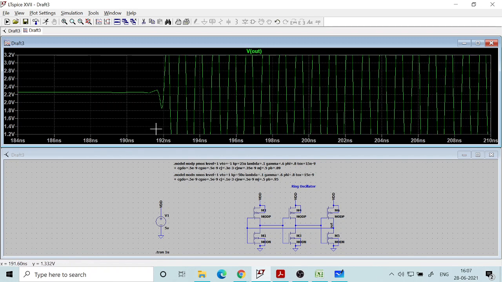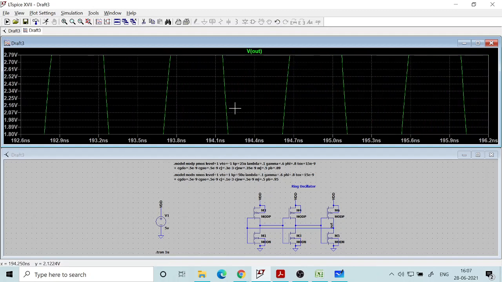There is oscillation building up, and then we are getting output. So the period is something like, how much? One cycle is like 92, so of the order of nanoseconds.